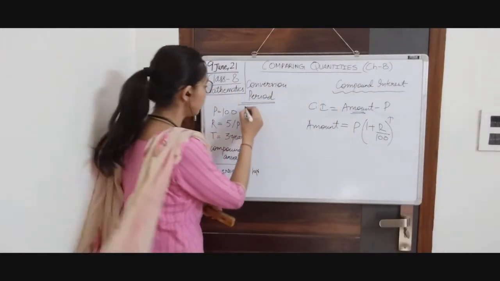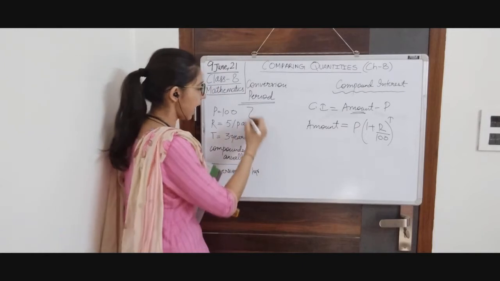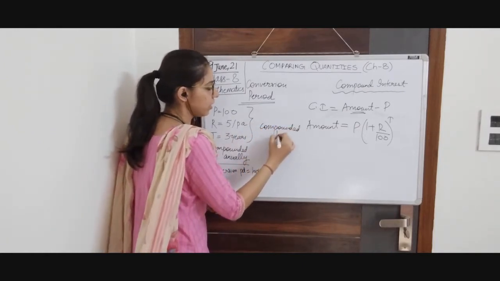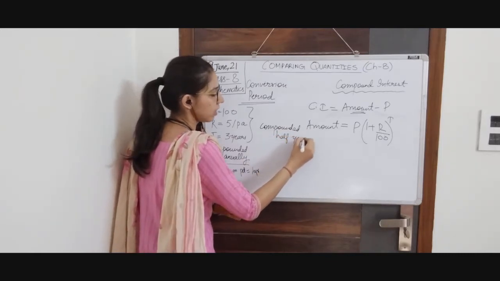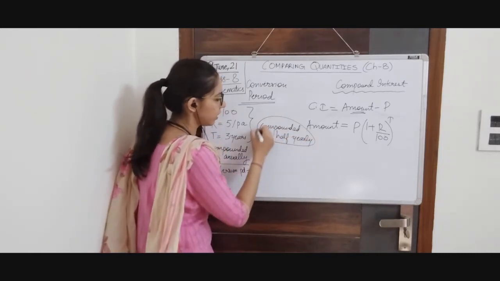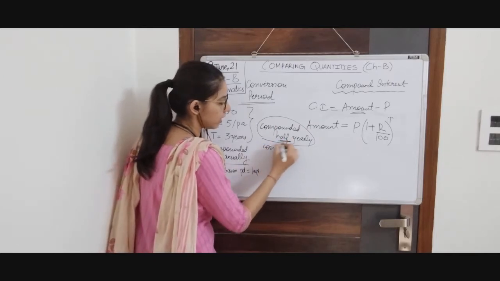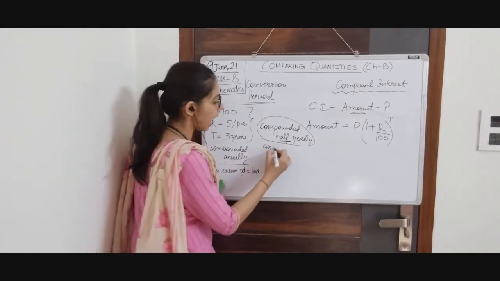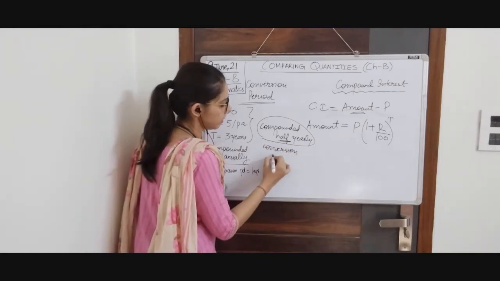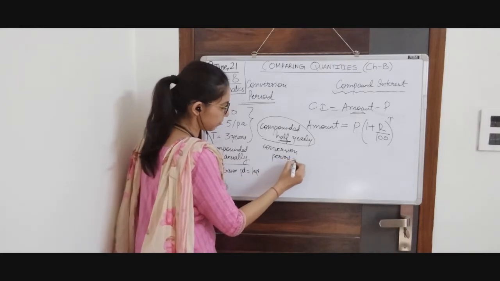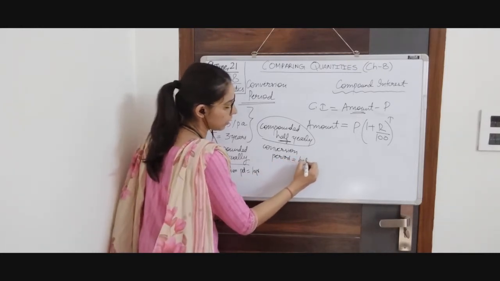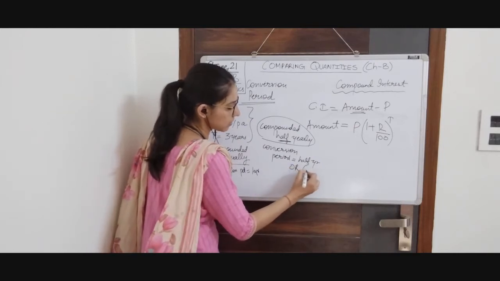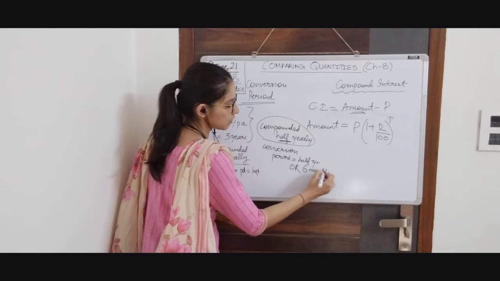Suppose we have the same measurements and it is compounded half yearly. Here interest is calculated after 6 months, that is after half a year. Here the conversion period is half a year, or we can say 6 months.